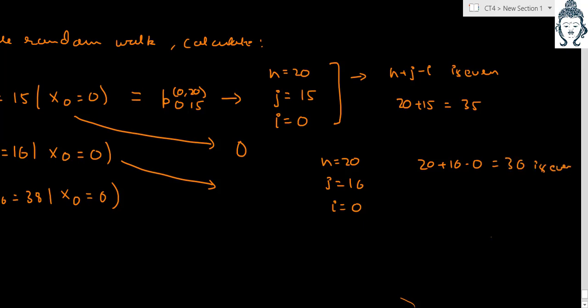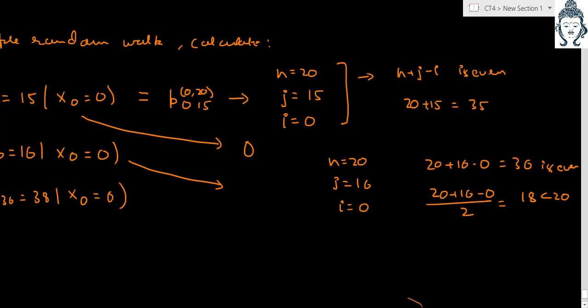The second thing I need to check is that n plus j minus i by 2 should be less than n. That is 36 by 2, which is 18, which is less than 20. So this is also possible. Both the conditions are satisfied.